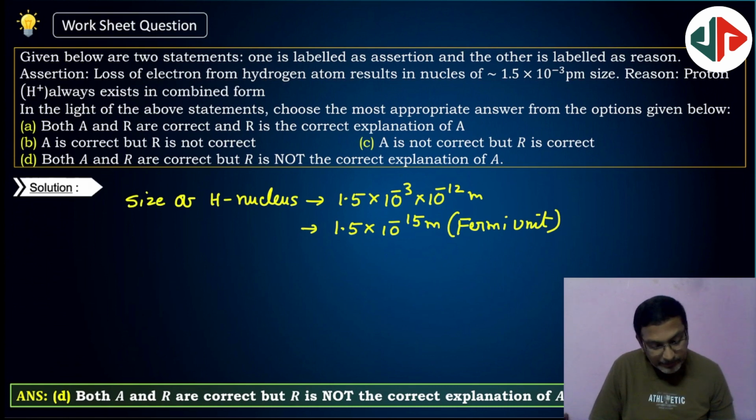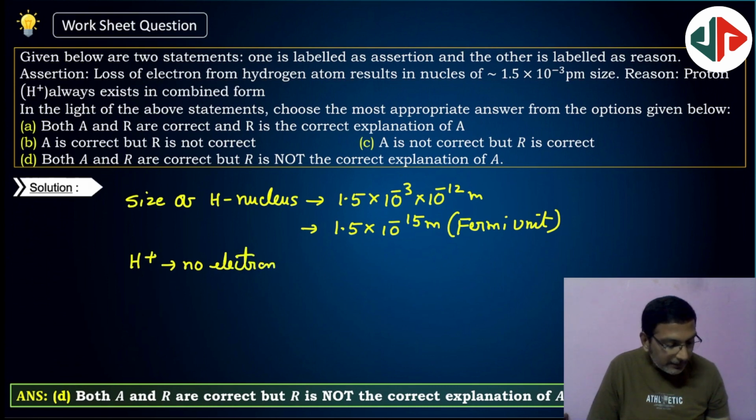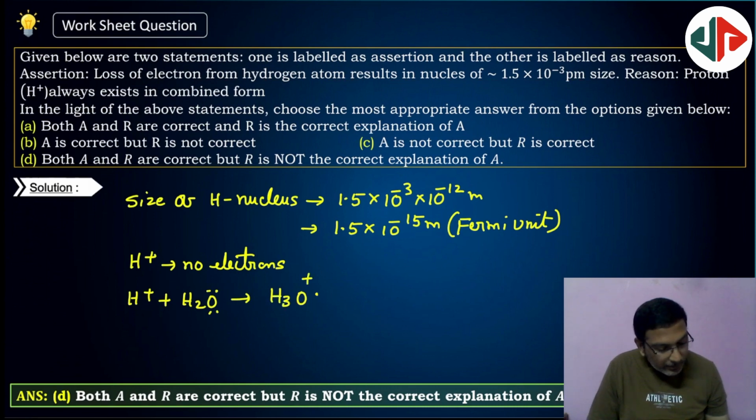Next, reason. So proton H plus always exists in combined form. So proton has no electrons. Therefore unstable, and it combines with electron rich compounds to form stable.